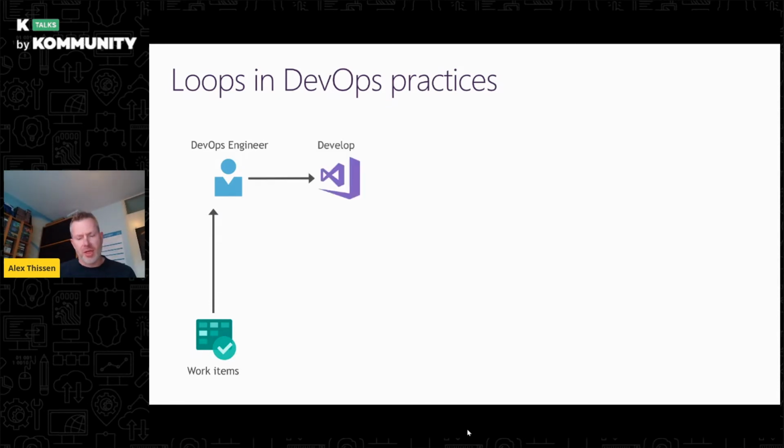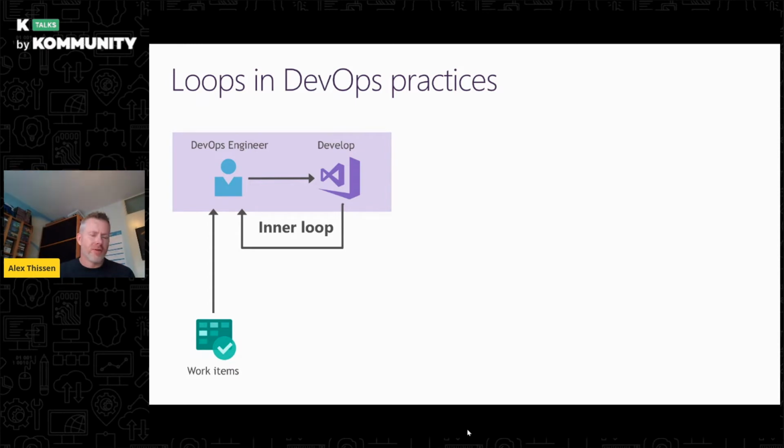So you start developing using Visual Studio Code, your tool of preference, and you enter your inner loop. It's a quick feedback loop of trying things, getting information, and adjusting until you're like, okay, this is where my feature is complete.